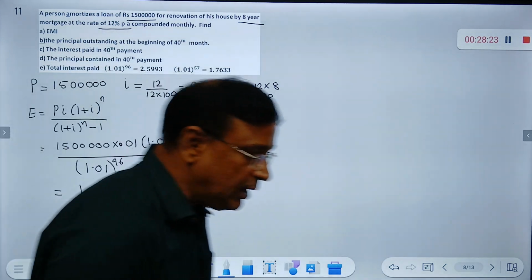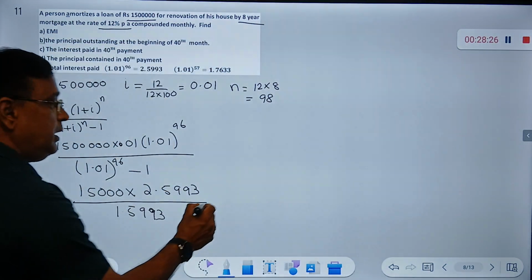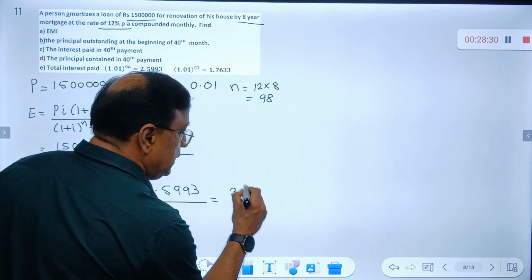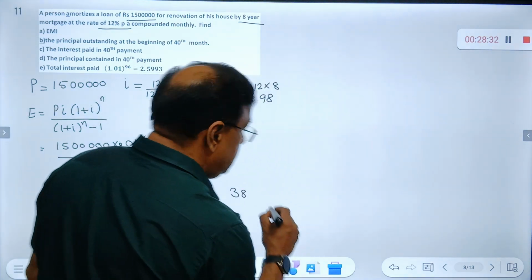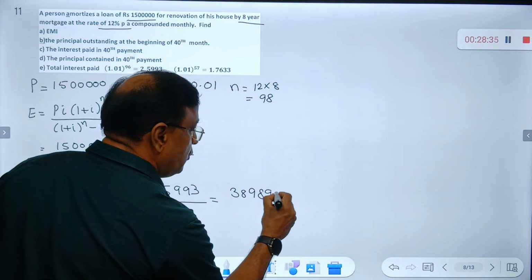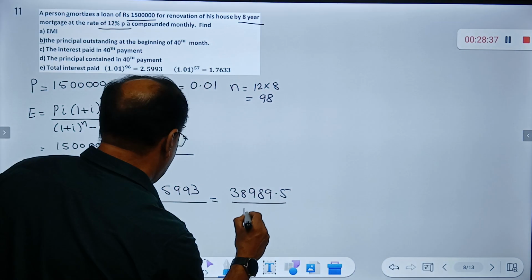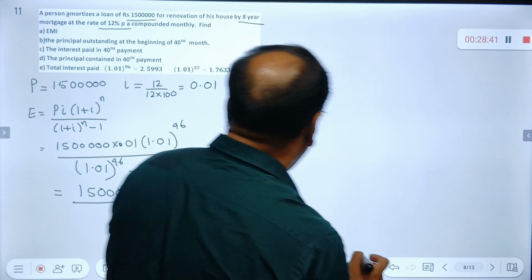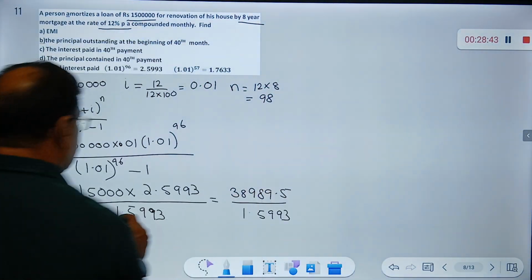Now if you want, you can multiply because this 15 is easy to multiply. So I am getting numerator as 3899.5 divided by 1.5993. That's pretty simple.